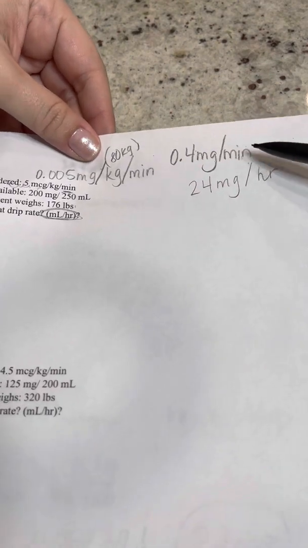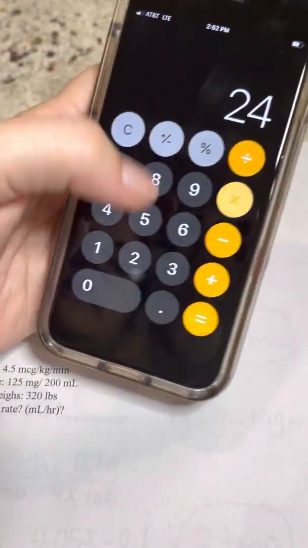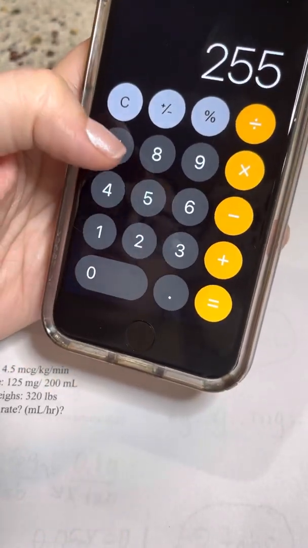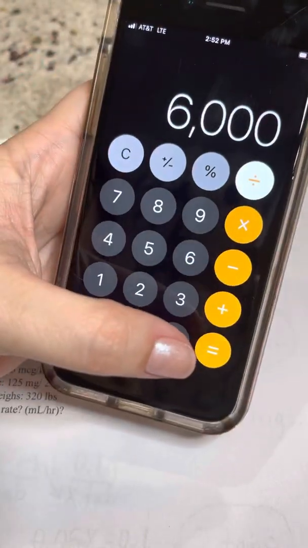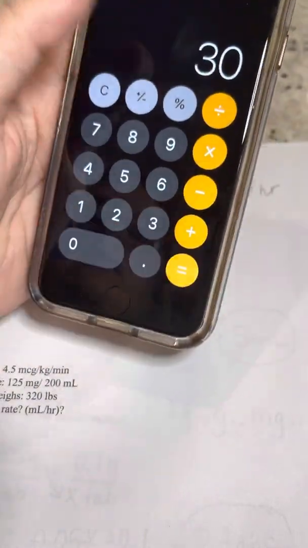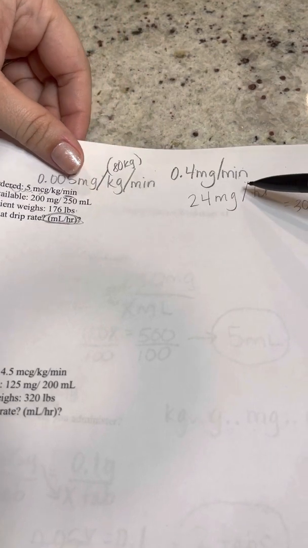All right, so now we can do our fast way. We would do 24 times 250 divided by 200, which equals 30. 30 mLs per hour.